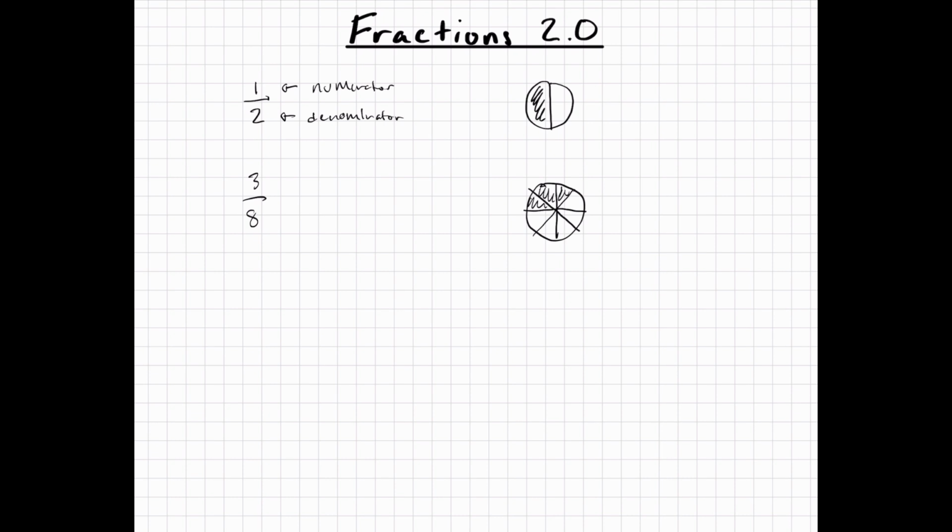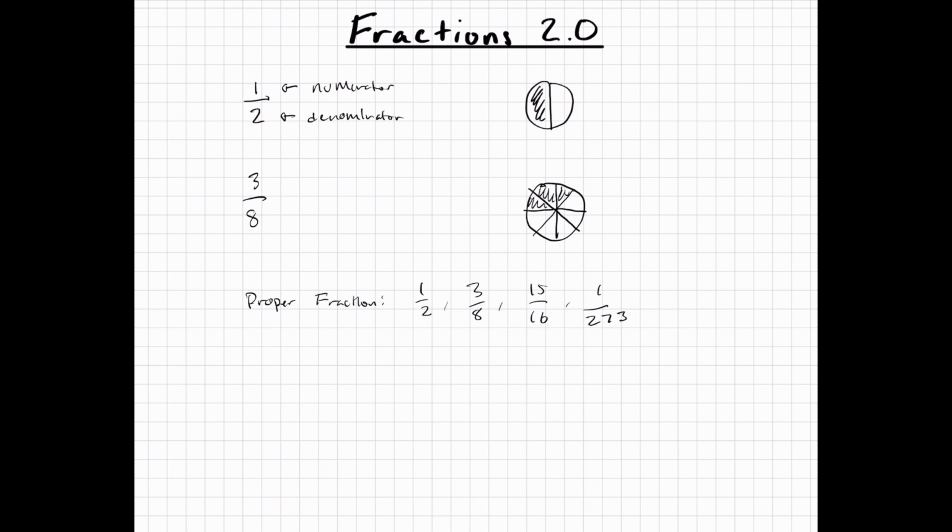But what do we call a proper fraction? Well, a proper fraction is any fraction where the numerator is less than the denominator. So 1/2 or 3/8 or 15/16 or 1/273, these are all proper fractions.